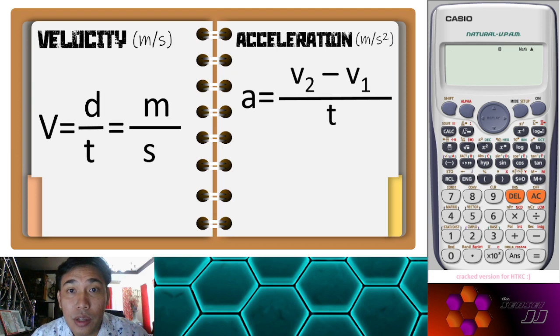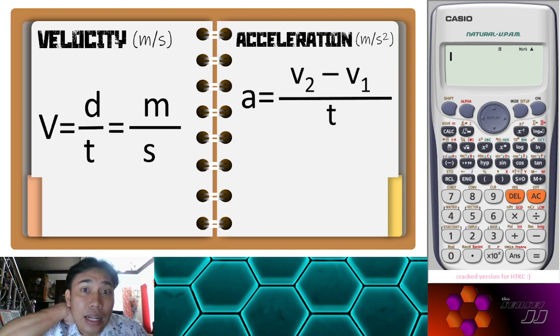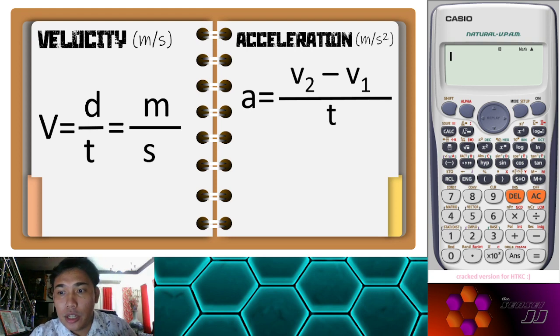For velocity, yes. But for acceleration, we can start from zero, but it varies from one point to another. What if you're going to measure acceleration from 10 to 15?